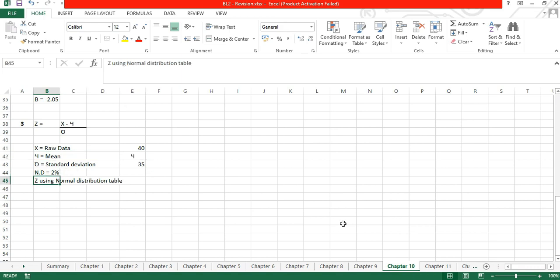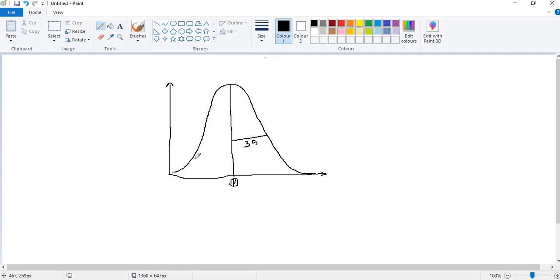Now, to have a normal distribution of 2%, that means somewhere in this part, the balance must be 48%. Am I correct? Why did I say 48%? Because this whole part is 50%. So if the whole part is 50%, 2% will definitely be some small portion, which is this.